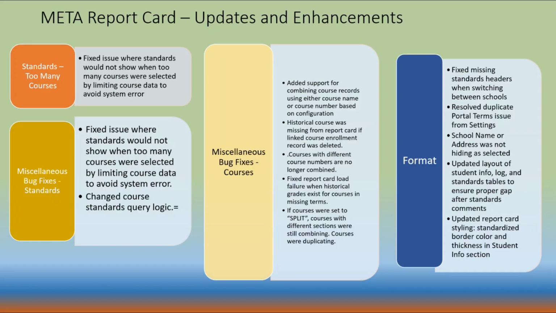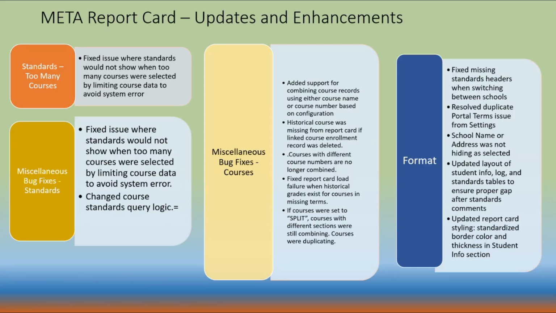We had somebody who had so many courses on there, it was over 4,000 characters. PowerSchool didn't like that. It would not show the report card. So Corey's found a way to get around that limit. So if you have 4,000 or 5,000 characters or whatever, it should still work, but it's not recommended best practice. So those two things are the same. The standards, too many courses, and the first thing under miscellaneous bug fix.